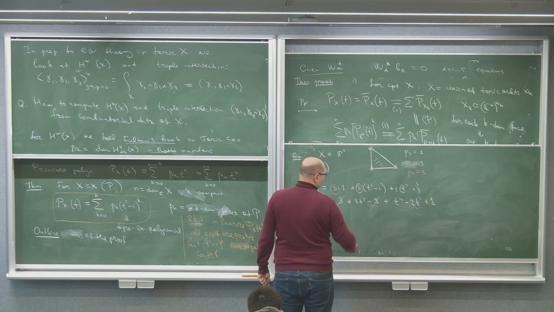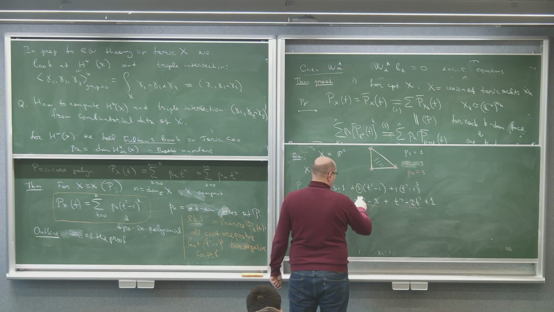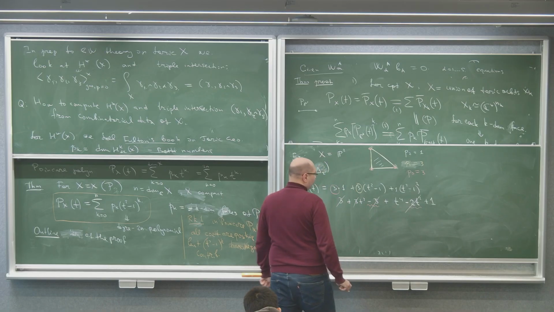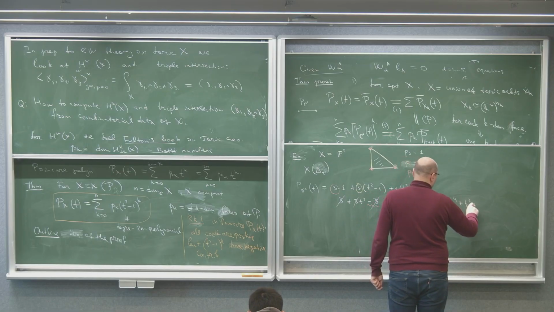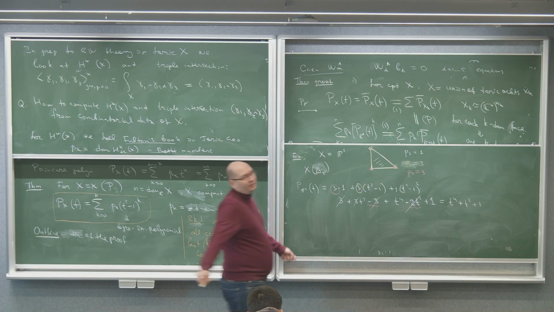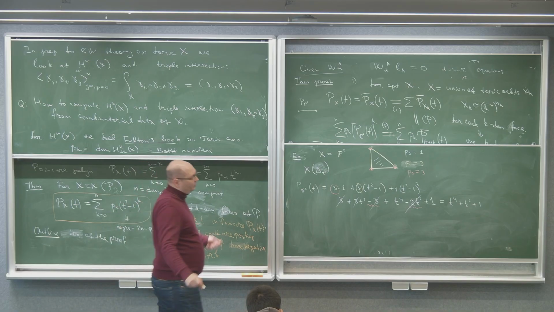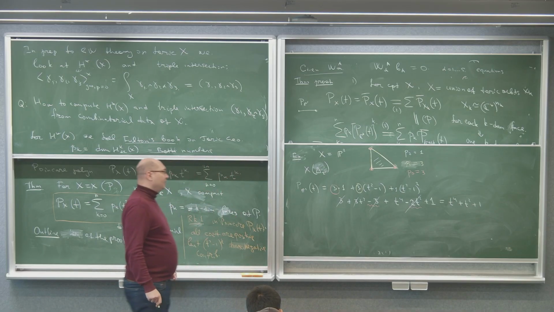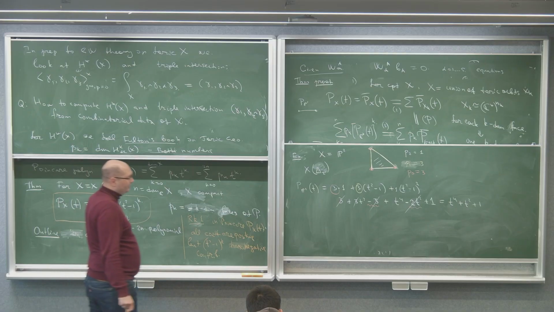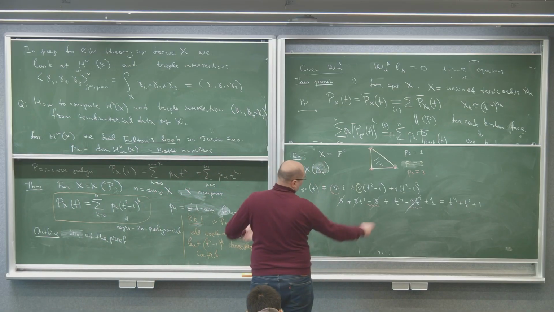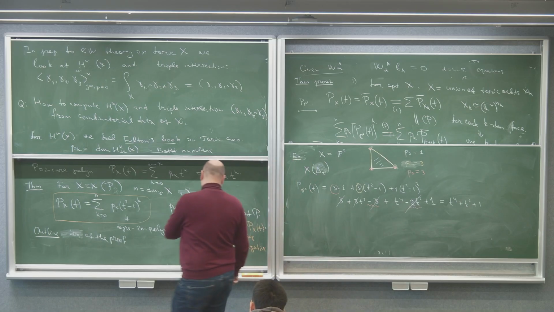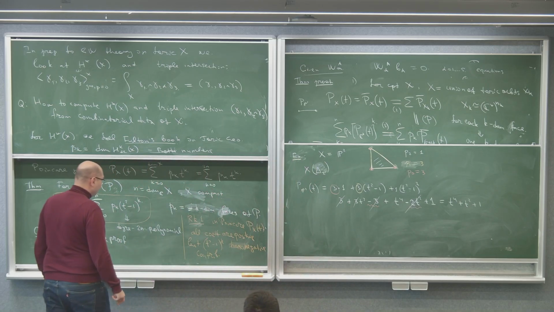So this 3 cancels out, and here this 3 cancels out with the 2t squared, and we get t to the fourth plus t squared plus 1, which is the familiar Poincare polynomial for P2. So P2 has only one-dimensional cohomologies in even degrees. Okay, so that's an example of how this cancellation works.